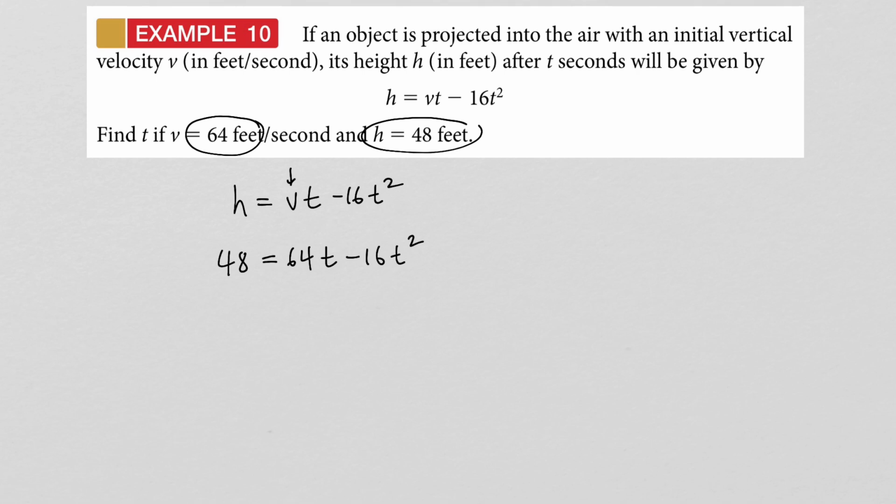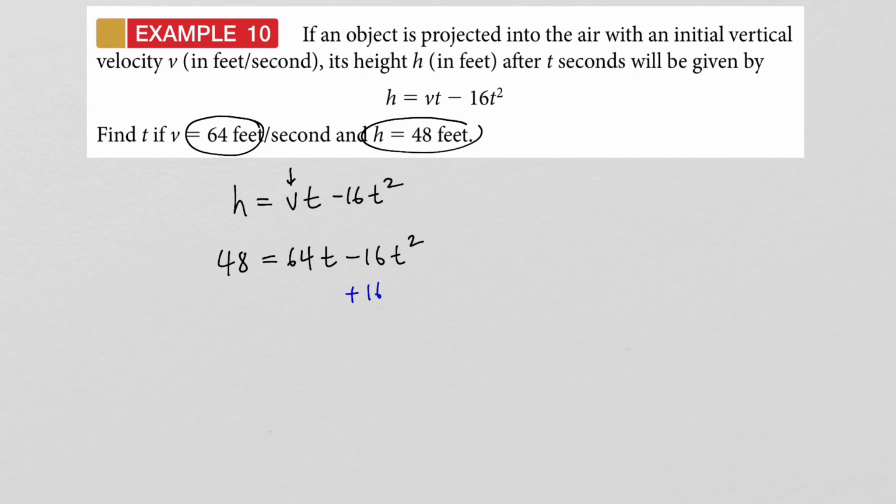So what you have here, notice, is a quadratic equation. You have a second degree equation. I'm going to solve that by putting it in standard form, which means I need to set it equal to 0. Now, I could subtract 48, or I could move these two terms to the left-hand side. I am going to move these terms to the left-hand side because I don't want a negative in front of my t squared if I don't have to.